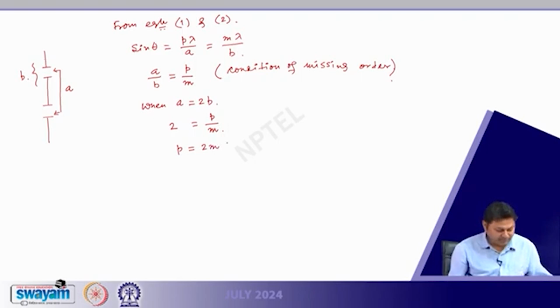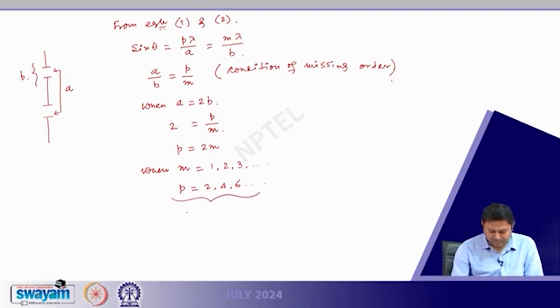That means when m is equal to 1, 2, 3, etc., p will be 2, 4, 6, etc., and these will be the missing orders, that should come through the interference pattern.